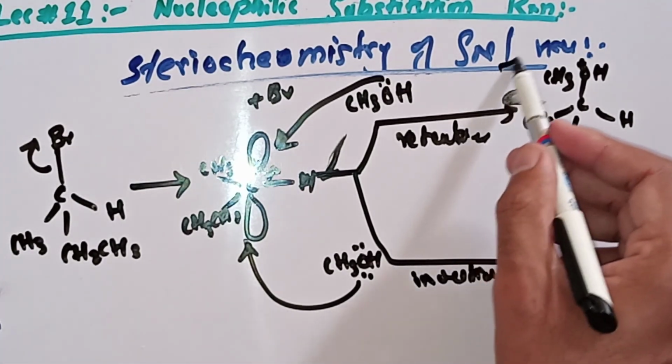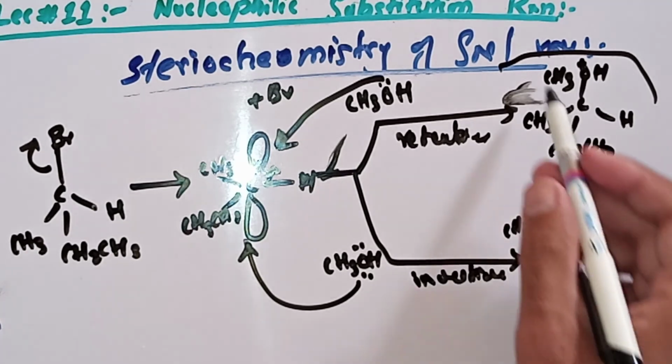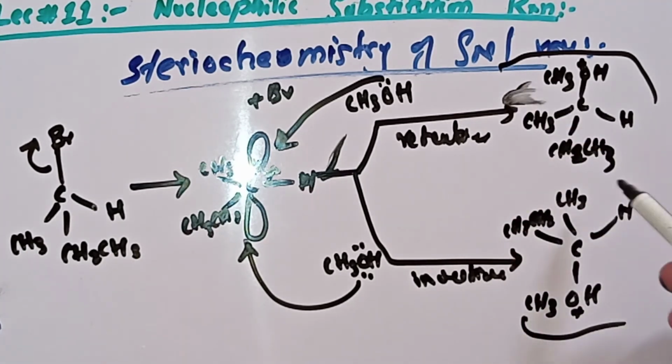So these two products, with the plus charge on CH3, are enantiomers of each other. These are also mirror images of each other.